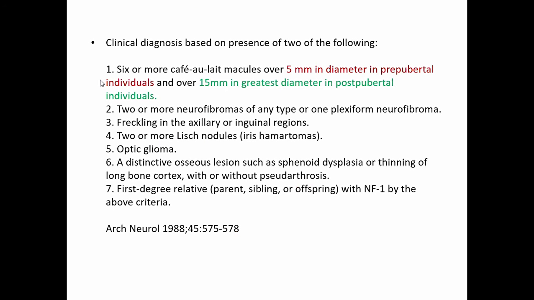For diagnosing this, it is based on the presence of two of the following: 6 or more cafe-au-lait macules over 5 mm in diameter in prepubertal individuals and 15 mm in greatest diameter in postpubertal individuals; 2 or more neurofibromas, freckling in the axillary or inguinal regions, 2 or more Lisch nodules, optic glioma, a distinctive osseous lesion such as sphenoid dysplasia or thinning of the long bone cortex with or without pseudoarthrosis; and a first degree relative with any one of the above criteria.